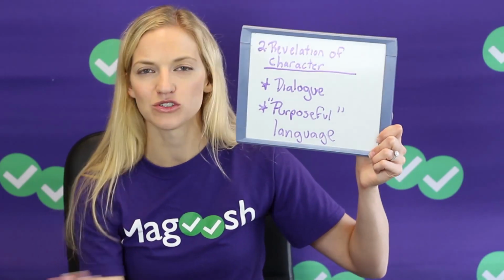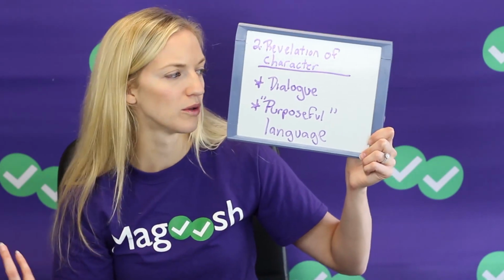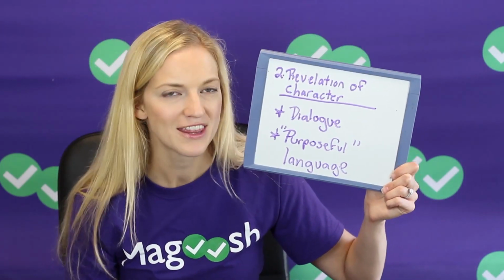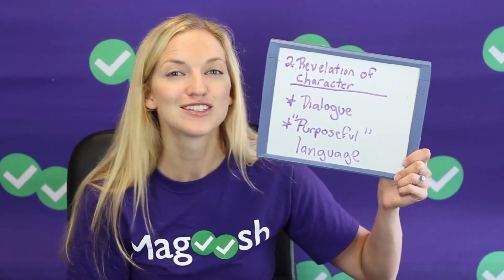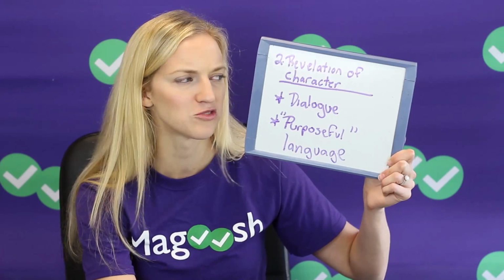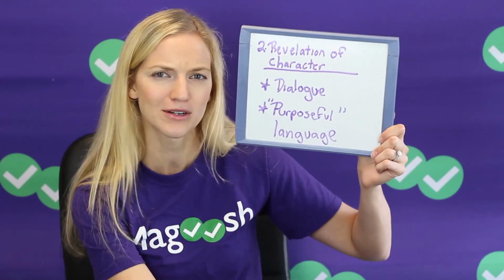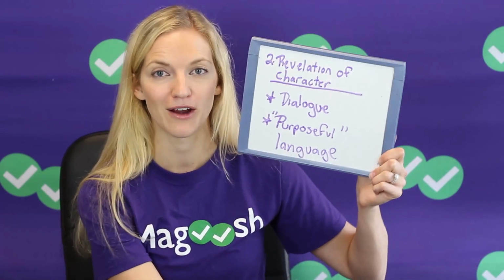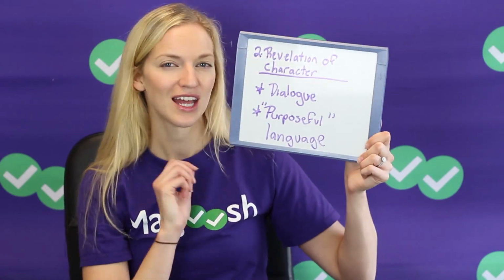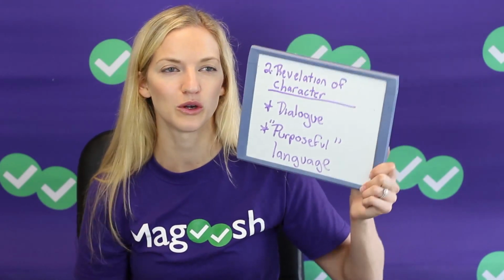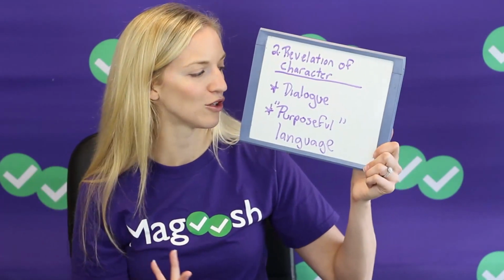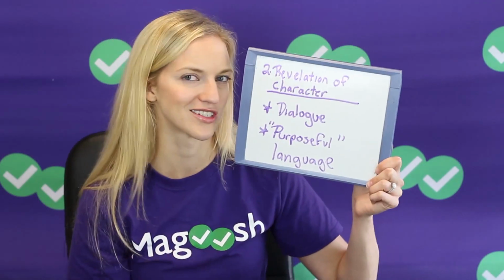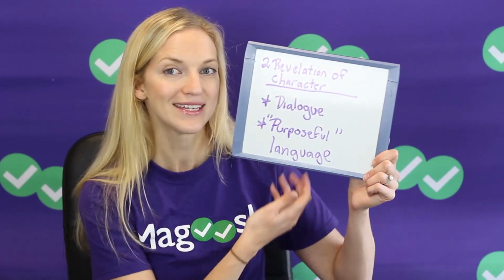For example, if you just saw a sentence that said, Jason told Mary to wash the dishes, that's different than Jason growled at Mary to wash the dishes. So in that case, I would underline growled. That tells me something about Jason and what type of person he is, or how he feels about Mary. So that is a purposeful language choice. And if you underline that stuff as you go through, when you go back to the passage, those purposeful language choices are going to jump out at you and allow you to glean things such as what a character's like or tone a lot more easily.